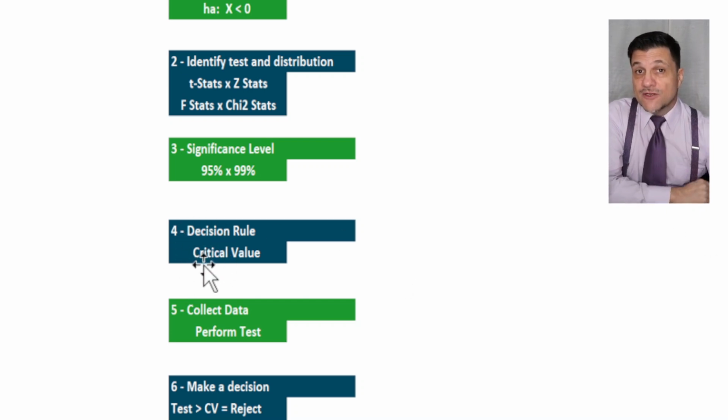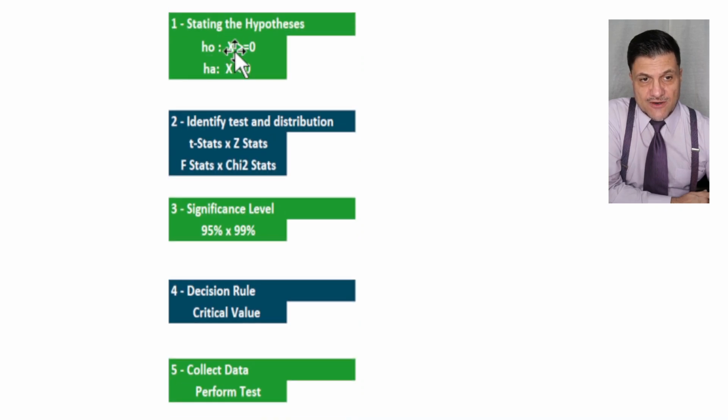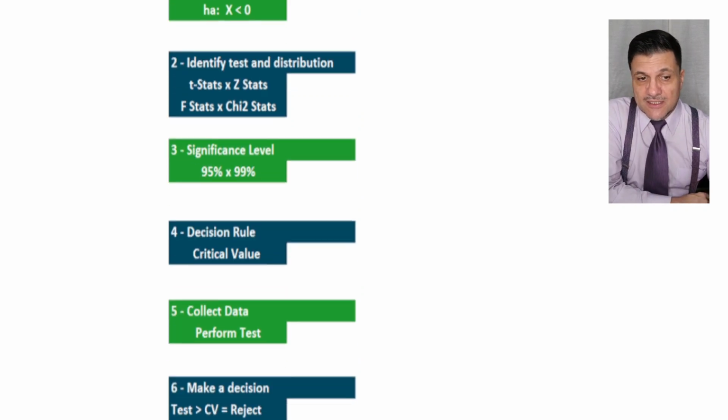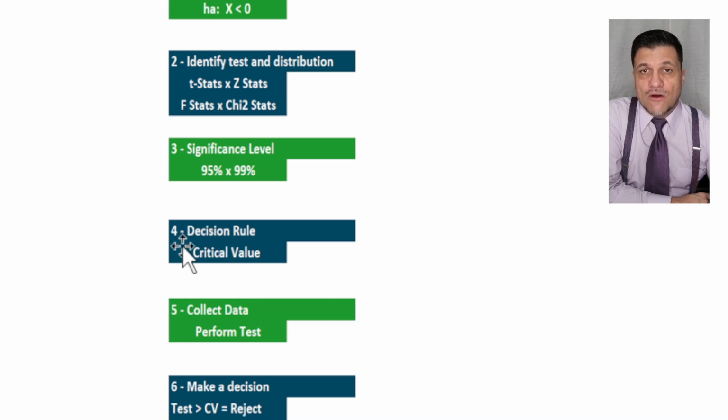If your t-stat is higher than the critical value in step 4, which we call the pre-assigned or predetermined critical value, you're going to reject the hypothesis. In this case, H0, x higher or equal to 0, you reject that if your t-test, which I'm going to show in a second how to do, gives you a number that's higher than the number in step 4. So what does this have to do with kurtosis and the 3?